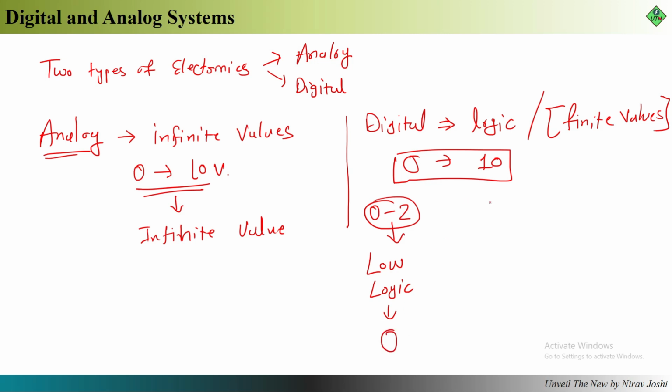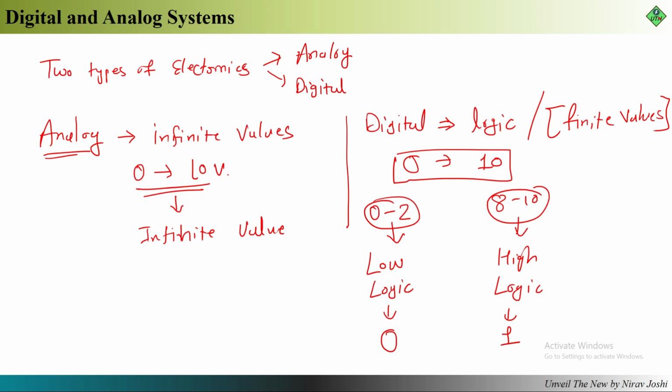If my voltage is between, let's say, 8 to 10, then it can be considered high logic, meaning the value is 1. So in digital we will always have two values, either 0 or 1. The meaning of 0 and 1 is never that the value is exactly 0 or exactly 1.